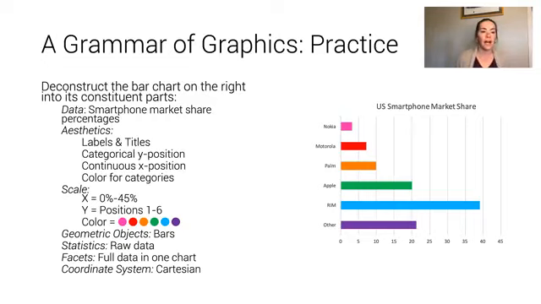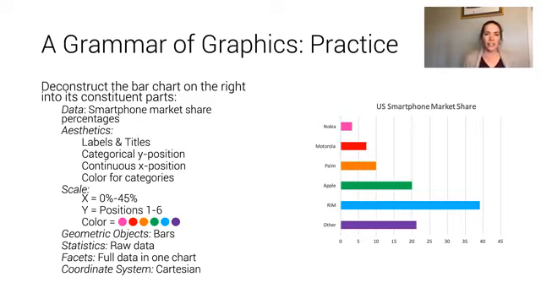The geometric objects we have are bars. The statistics that are computed is just providing the raw percentages, the raw data. We don't really have any facets here. We're showing all of the data we have on one chart, and we're doing so with a Cartesian coordinate system. Everything is a pretty linear layout.